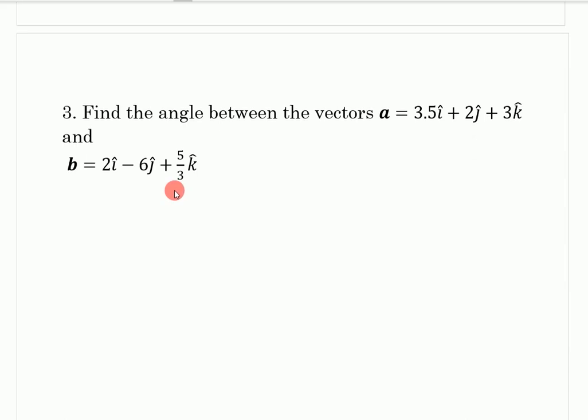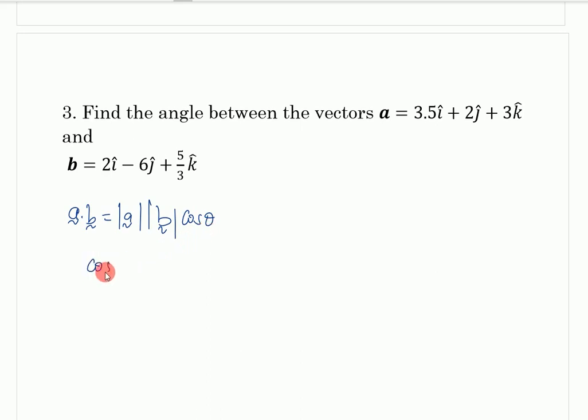This example is saying that find the angle between the vectors a equal to that and b equal to this one here. Now here we are going to use the definition of a dot product. We know that a dot b is equal to magnitude of a times magnitude of b times cosine of theta.